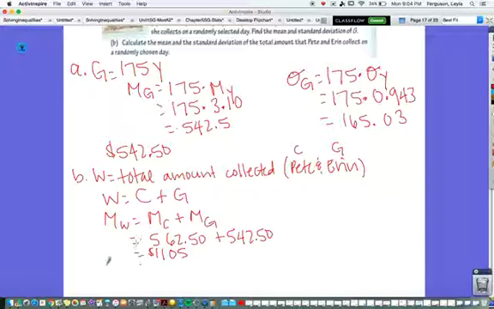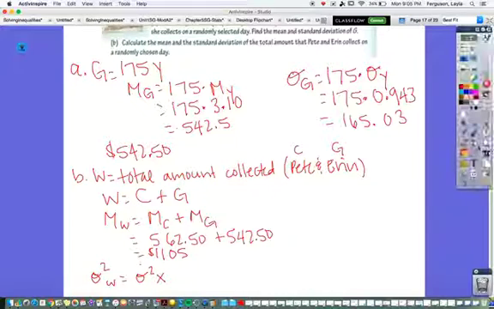To find the standard deviation, actually you'd start with the variance, so let's start with that. You'd find the variance for W, and that would be the variance for X. Actually, this was C. C represented the amount that was collected, X represented Pete.